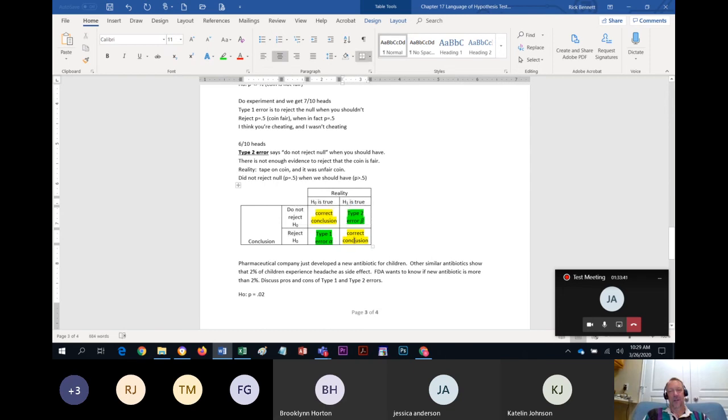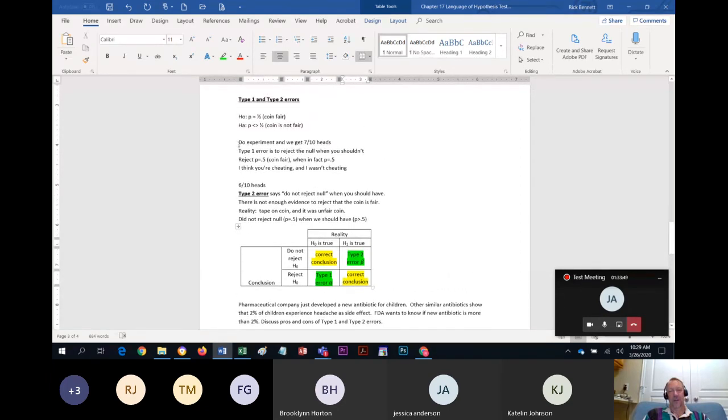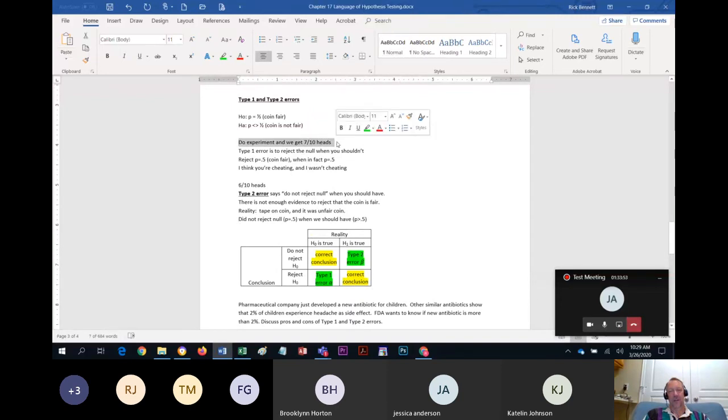And so if we go back to the coin flip, because I think that's the easiest thing to do, okay? Let's do a coin flip. So we get 7 out of 10 heads. And that's kind of hard to tell if somebody is cheating, okay? So the null would be, it's a fair coin. The alternative would be, it's not a fair coin, okay?